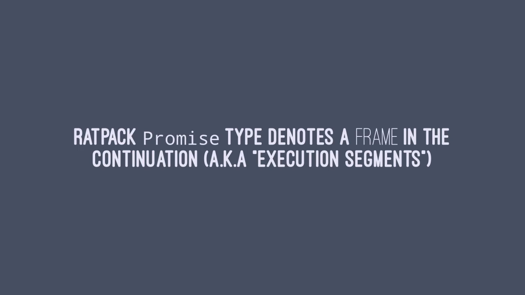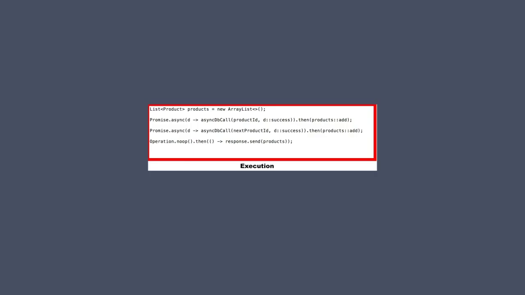We also refer to these often in the Ratpack world as execution segments, because effectively what we do is we break up all of your asynchronous and synchronous calls that are using this promise type into a different frame, and we execute those deterministically for you.